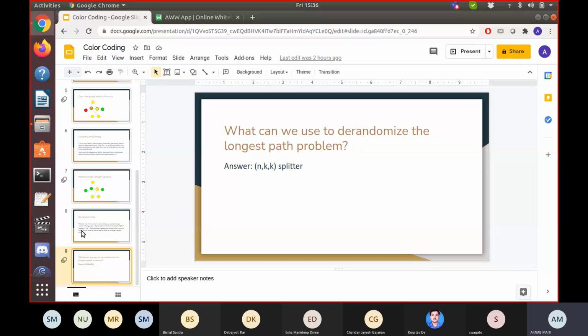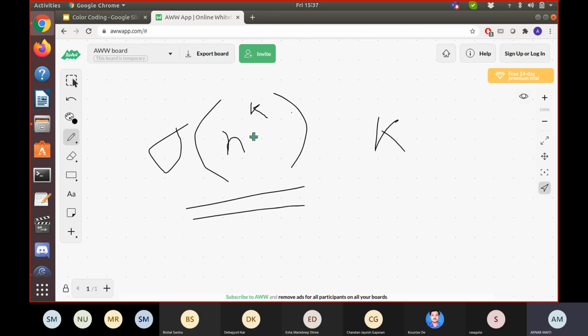So this is a nice application, and it's used in a lot of places. Especially if the number of colors is log n, then you will be finding a polynomial number of colorings. A lot of problems have this scenario where you have to color using log n colors, and you will get a polynomial time solution. Whereas if you were just going to use brute force, it would have been quasi-polynomial, meaning n to the power log n.